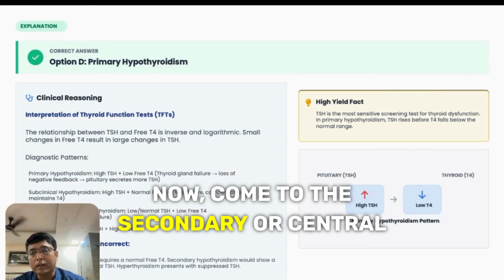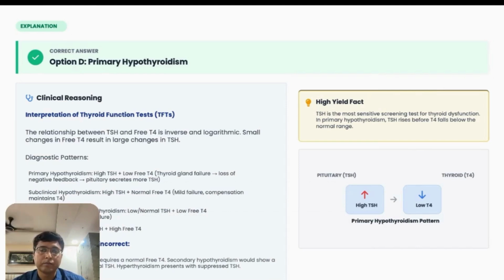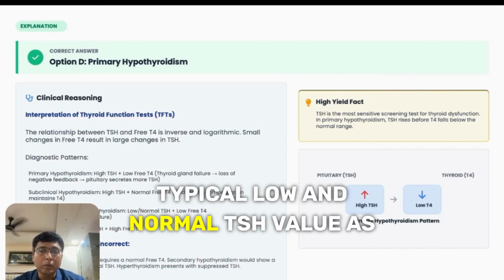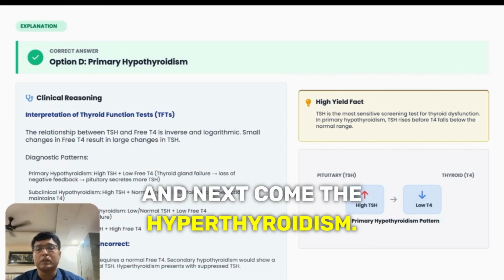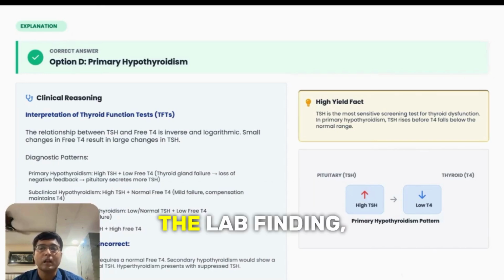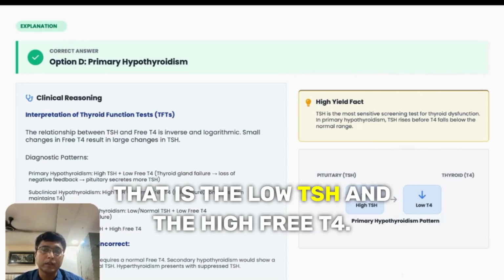Now come to the secondary or central hypothyroidism. Here you see the typical low or normal TSH value as well as the low free T4. And next comes hyperthyroidism. The typical lab finding is low TSH and high free T4.